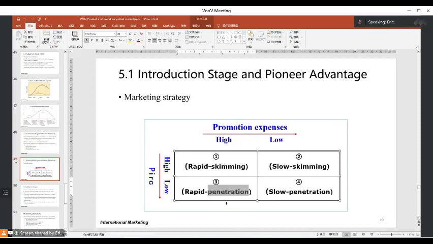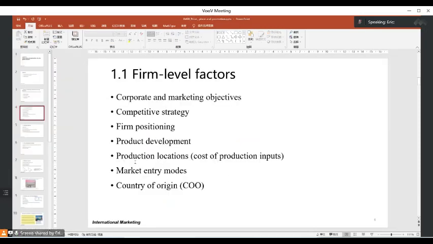They want to use low price penetration because they want to get market size and profits in the long run. They don't care about negative profits in the short time. They just pay attention to the long run. So this is about the firm level factors that affect the price.